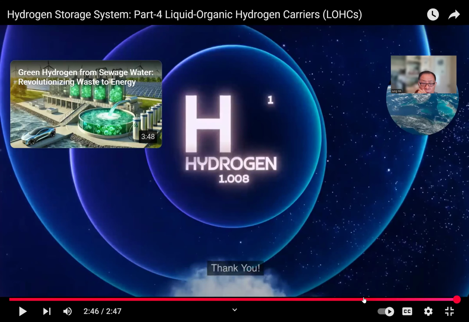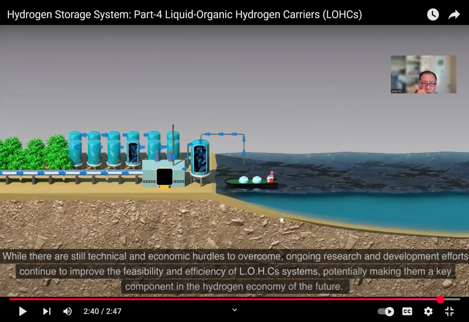Thank you. Well, as shown here, these LOHC types are for storing H2, because H2 and LOHC are chemically combined, and they're much safer.